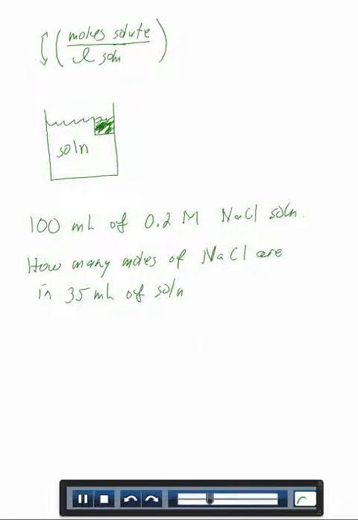So I have 0.035 liters. This is 35 milliliters, and I've converted to liters, so I'd have the same units as my molarity conversion factor, and it's a 0.2 molar, which is moles per liter solution.